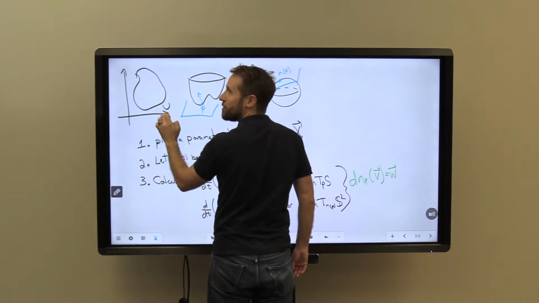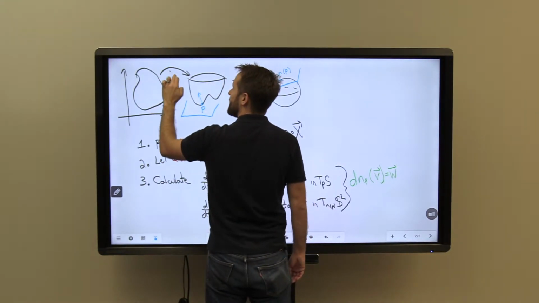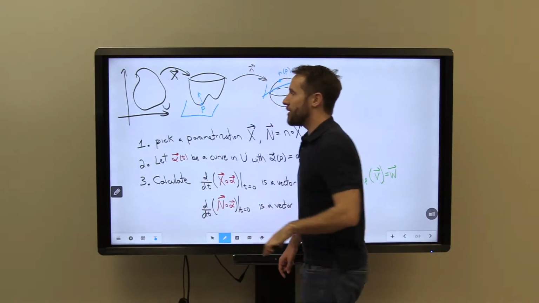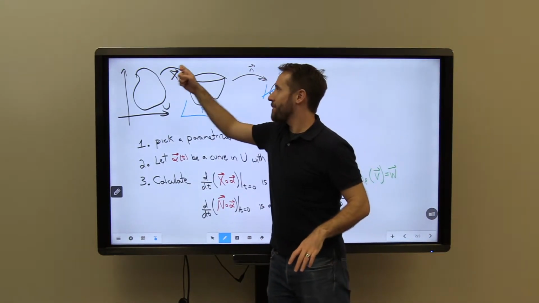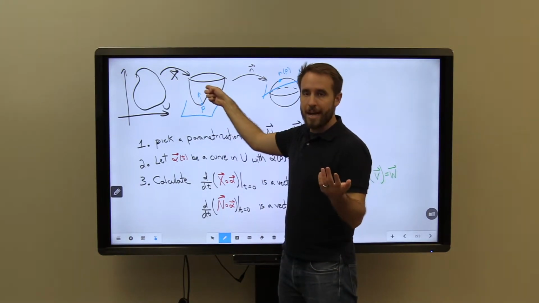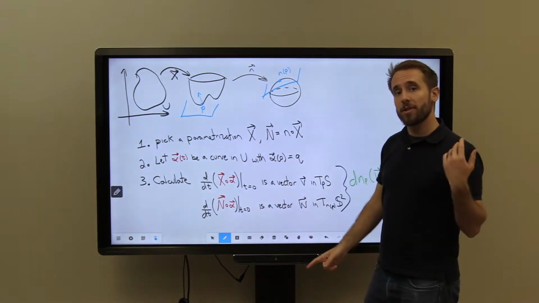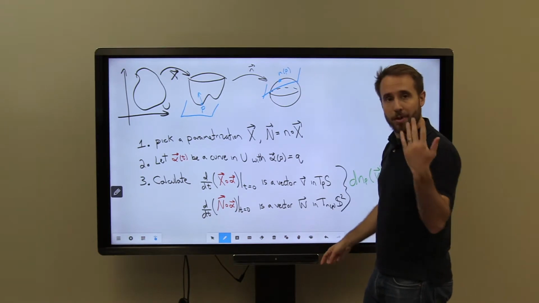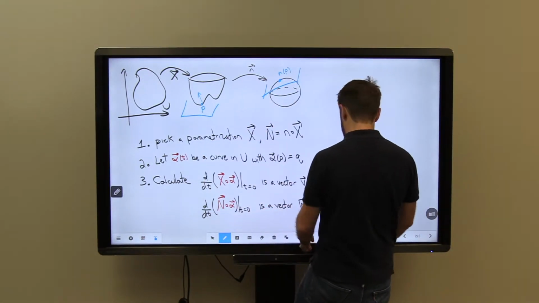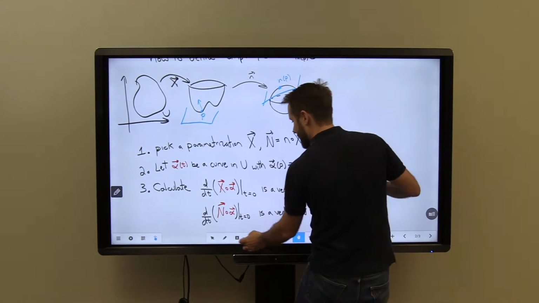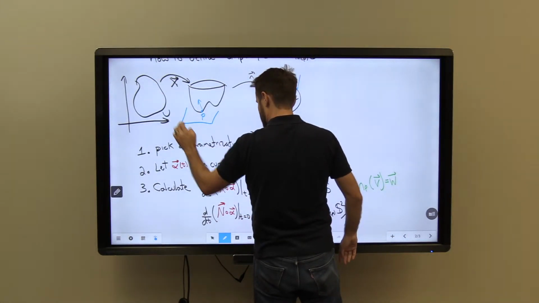So this is our set U, and x is a parameterization of our surface S. So x is a map from U to S, and there is a corresponding map that we saw last time, right? Capital N, which is just the composition of both of these maps.